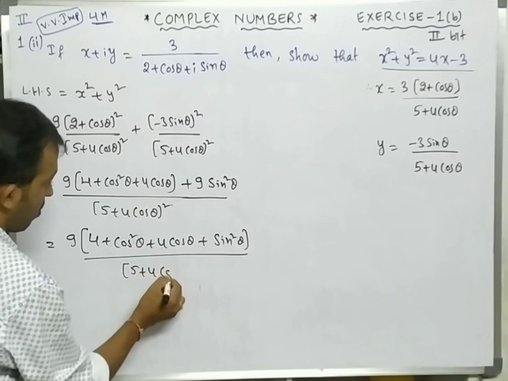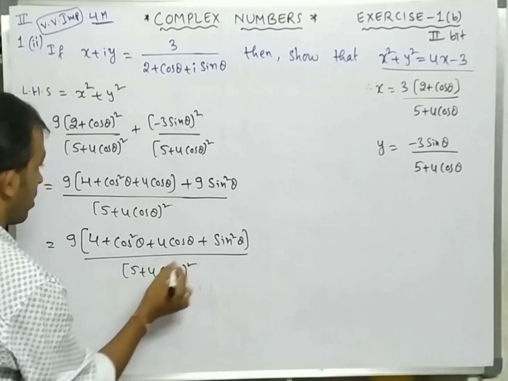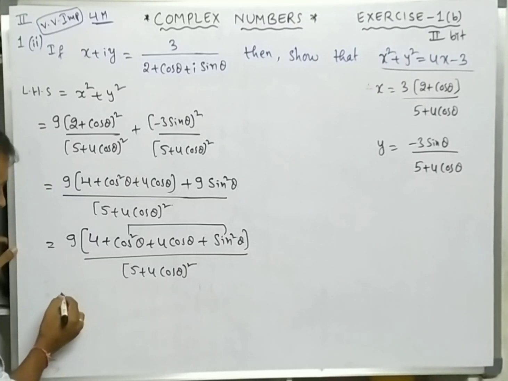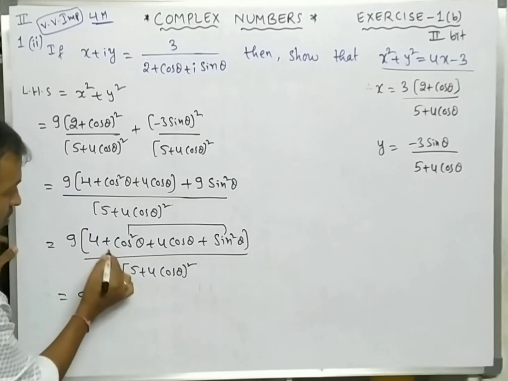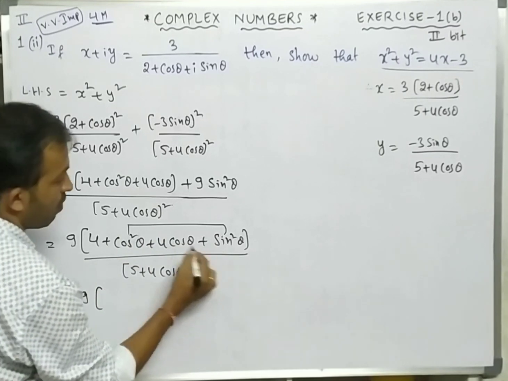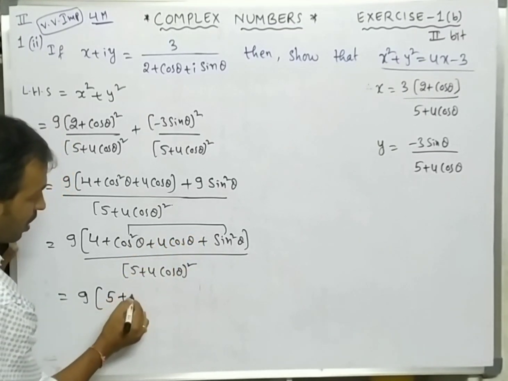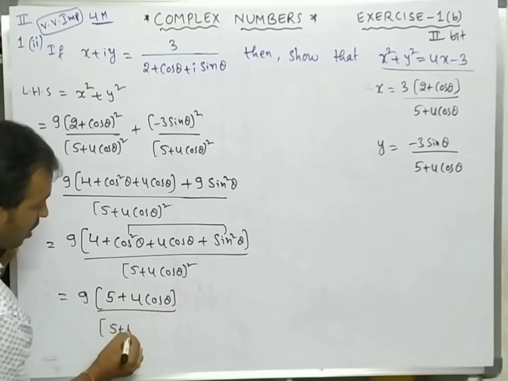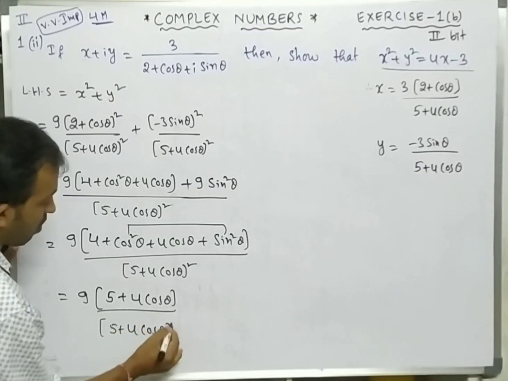So over (5 + 4 cos theta) whole square, here cos square theta plus sin square theta is 1, so we will get 9 into 4 plus 1, that is 5, plus what is remaining, 4 cos theta, by (5 + 4 cos theta) whole square.